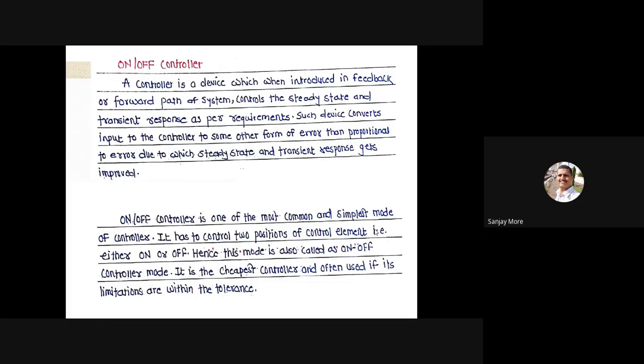Such devices convert the input to the controller to some other form of error than proportional to error, due to which steady state and transient response get improved.